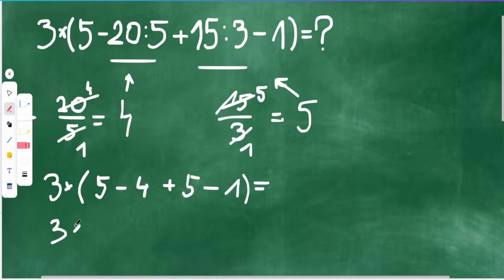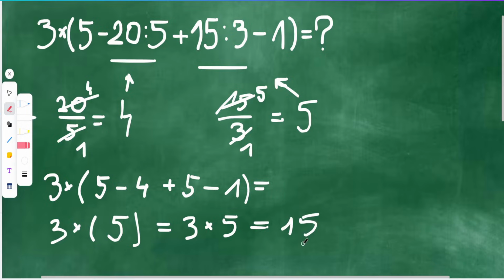We can write it down in this way by leaving this bracket as it was before. We can also write it down this way without the bracket, and both notations are correct. You choose which one you want to calculate, which doesn't matter because you probably already know the result. So this is 15. The result of this operation is 15.